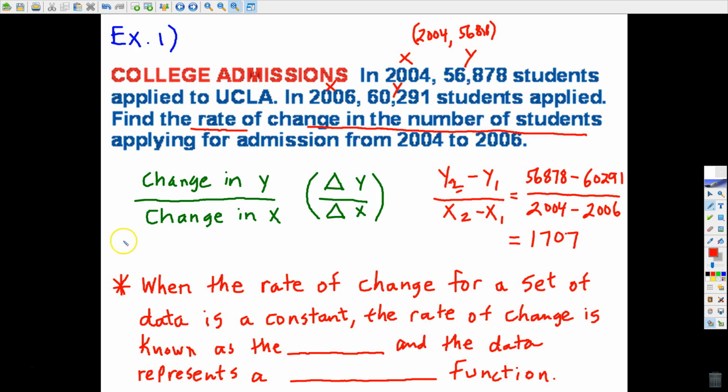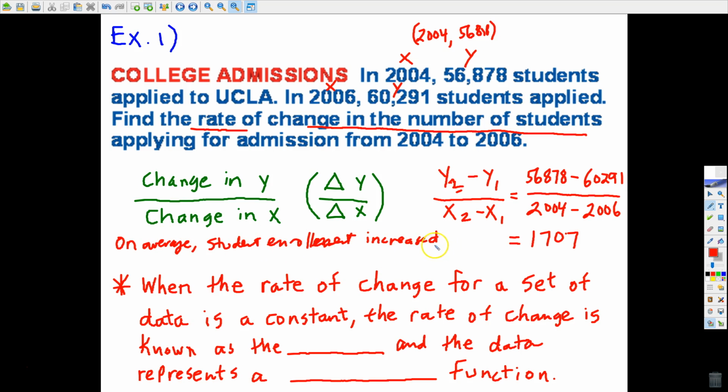On average, student enrollment increased. And that's important because obviously we went from 56 to 60, so we need to show the direction of how the quantity is going.